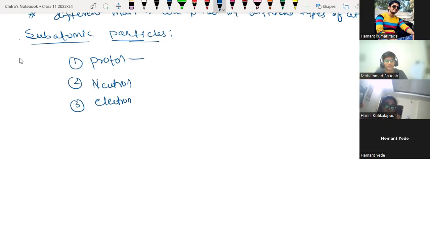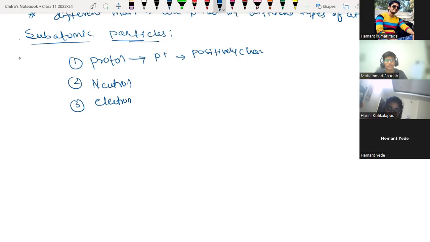Proton is a positively charged particle, so we represent it as P positive. Later on, we will discuss one by one, with their discoveries also: who discovered proton, neutron and electron.